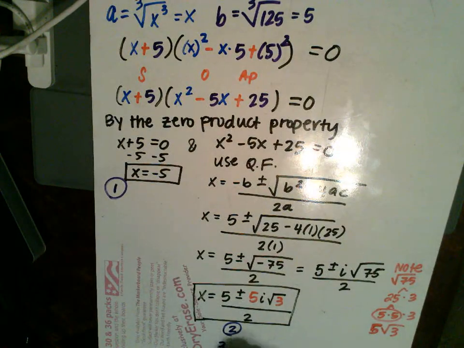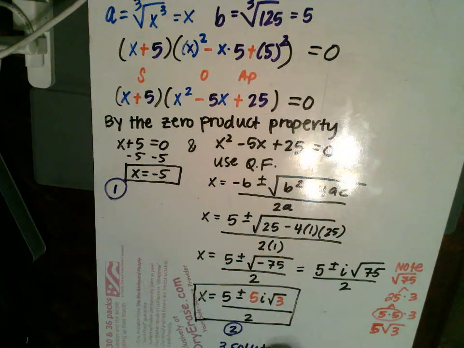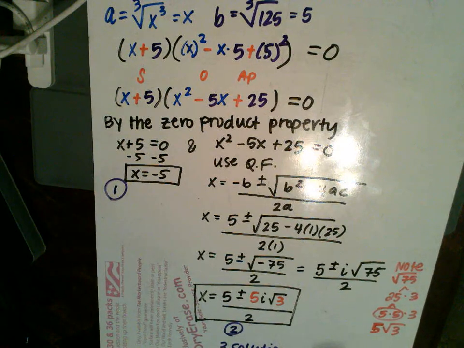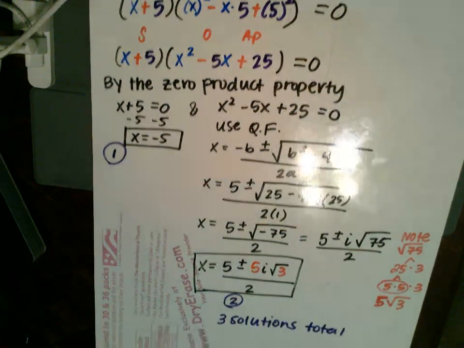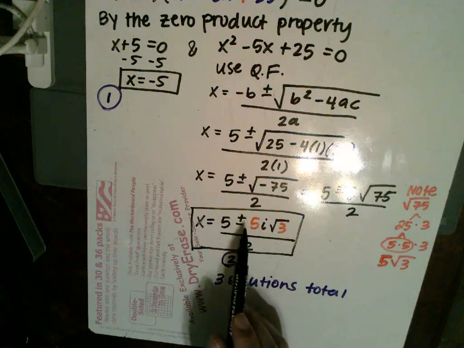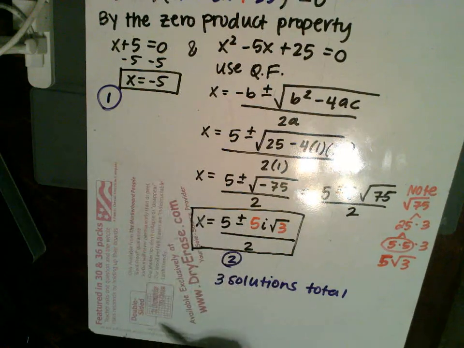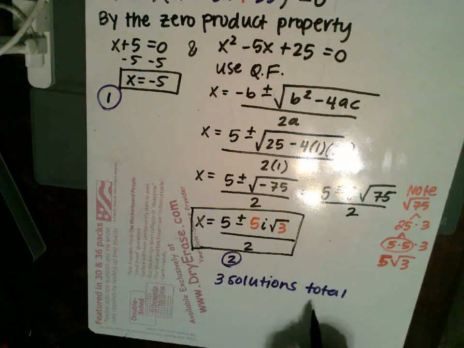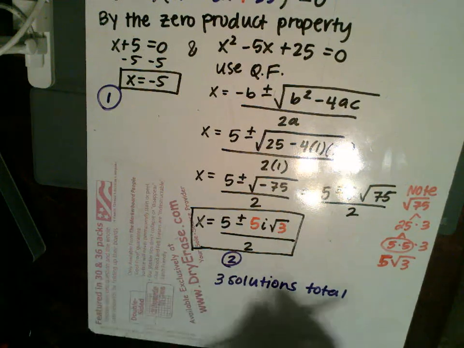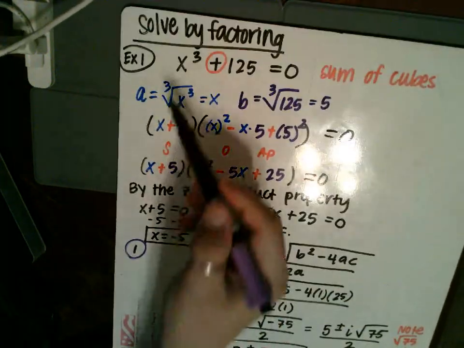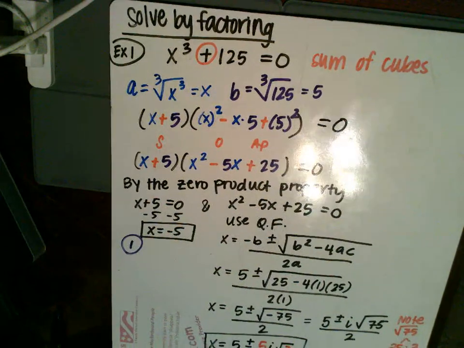So I have found 3 solutions in total, both real and complex. 2 of them are complex, 1 of them is real. The total number of solutions will always match the degree that we have. So that's a little bit of review of sum of cubes.